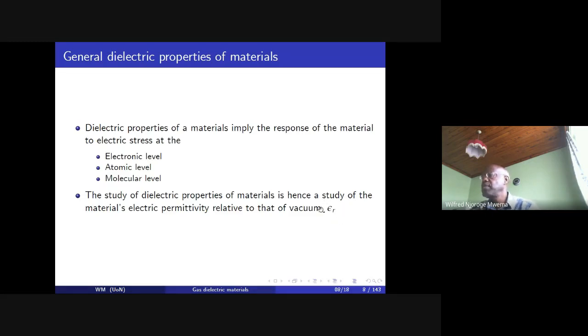You could also use it because the square root of epsilon R is the refractive index. You can use it in a reflective way where you are trying to see the reflection of radiation, and this is used especially in testing of human blood and in medicine and so forth. So there are so many applications for which the study of the material's electric constant is of use.